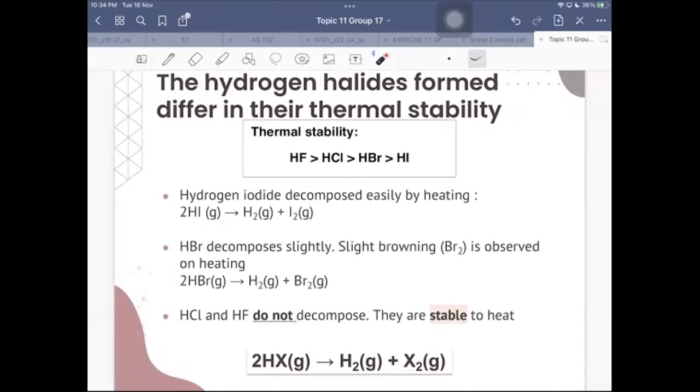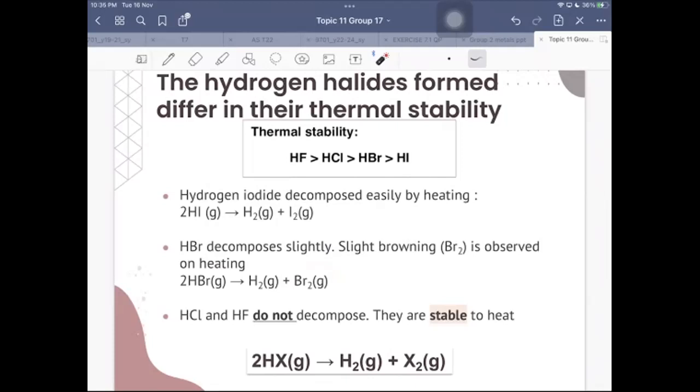So what will it be broken down into? Your hydrogen bromide will be broken down into hydrogen gas and bromine gas. Okay, so you will see a very slight browning, brown gas being produced, which indicates the bromine gas.